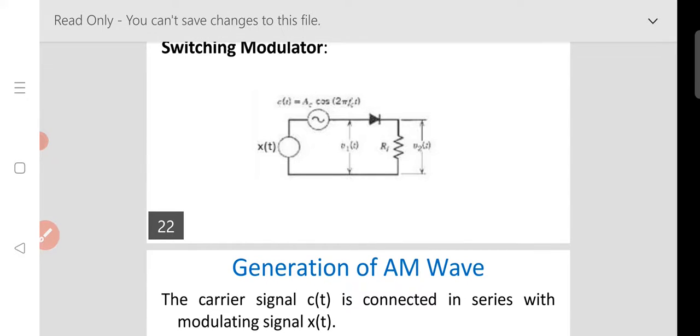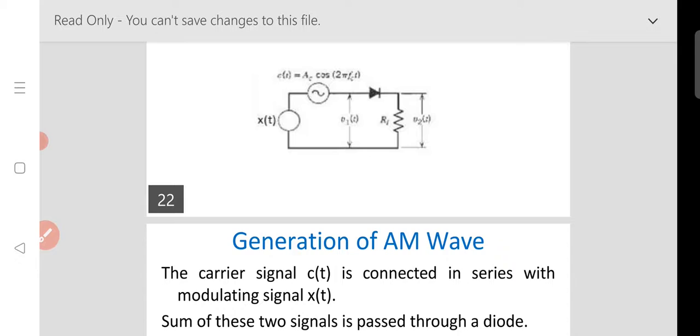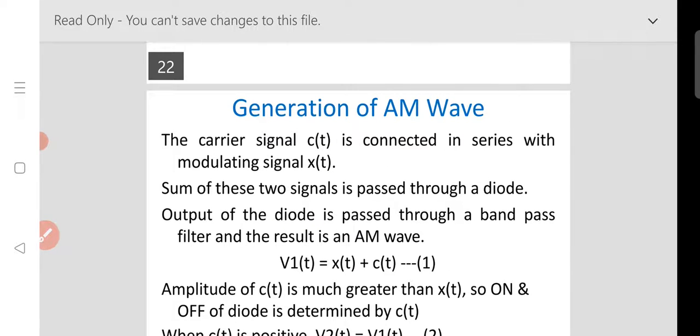For the switching purpose, the diode is accommodated here. The input of the diode is c of t plus m of t, means carrier signal plus message signal, but the carrier influences the diode because the amplitude of the carrier is greater than the message signal.